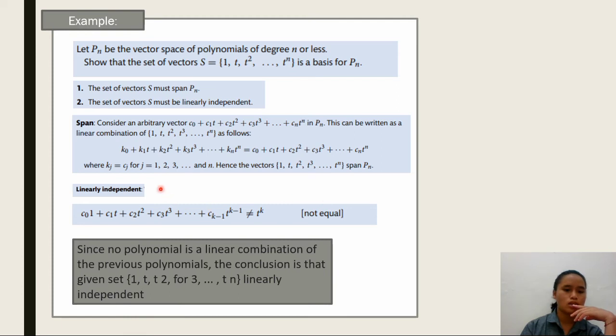And two, the set of vectors S must be linearly independent.